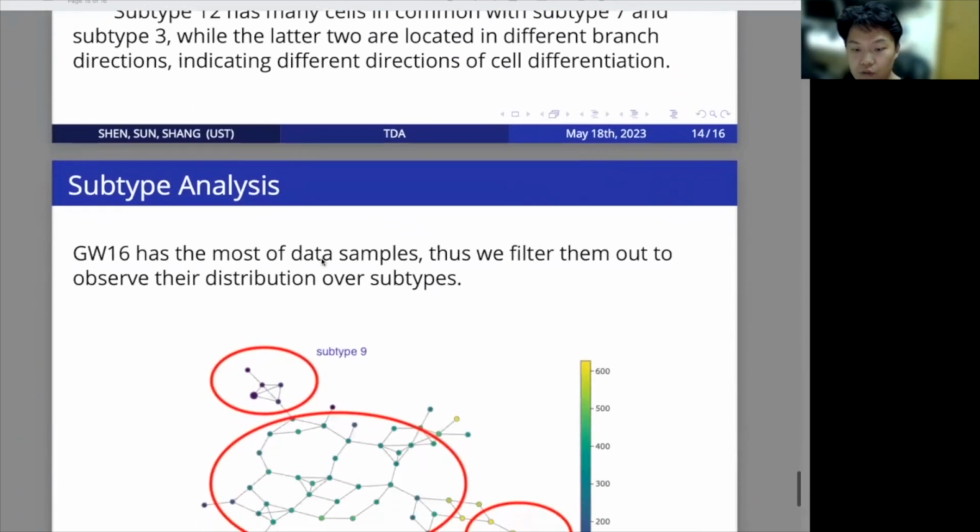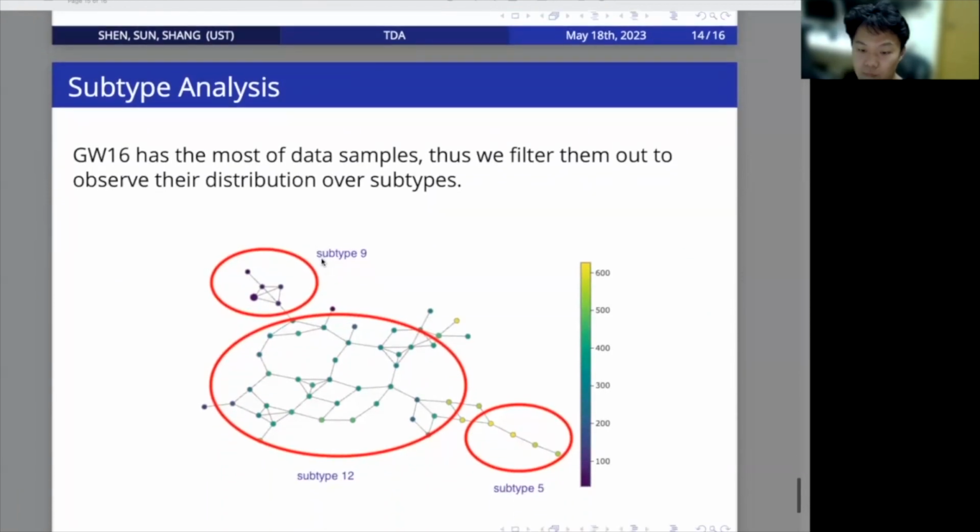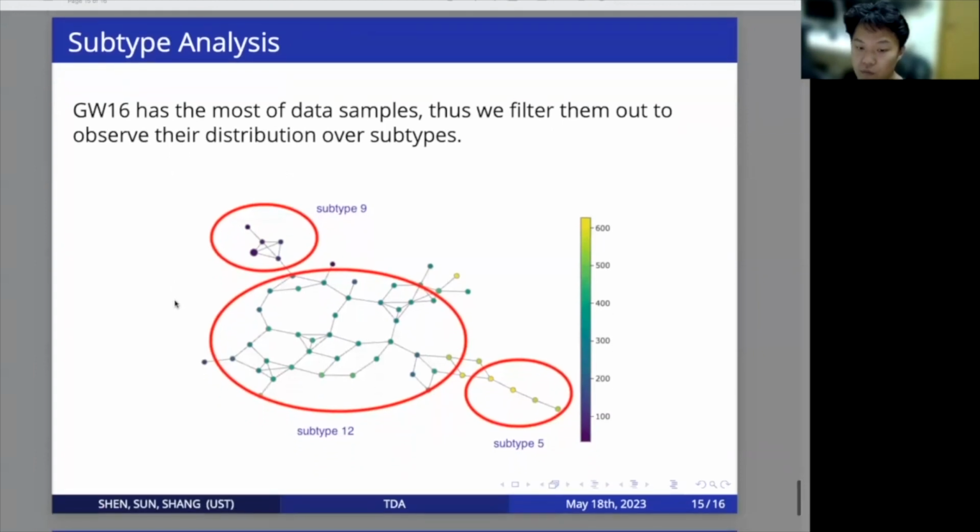Among all the different weeks, GW16 has most of the data samples, so we filter them out to observe their distribution over the subtypes. This figure shows that most of them lie in subtype 12, which complies with the same structure as the whole cell distribution. Additionally, these cells have divergent expression towards subtype 5 and subtype 9.